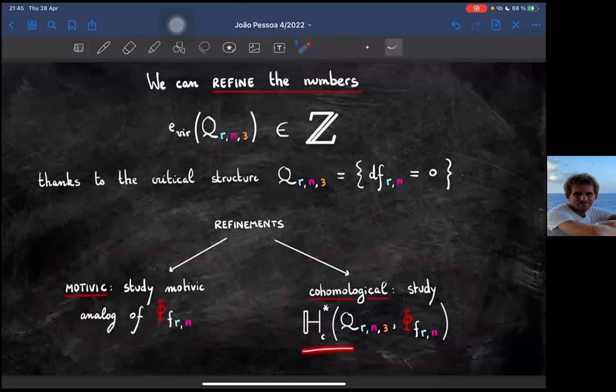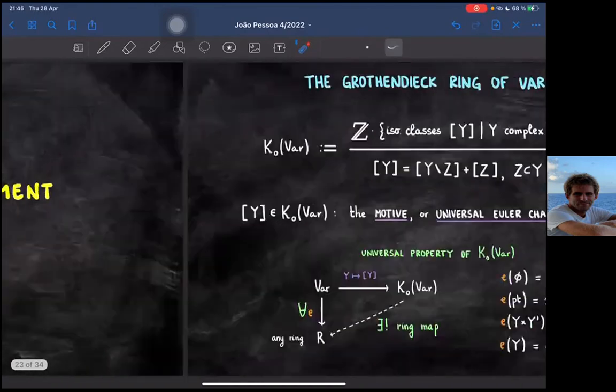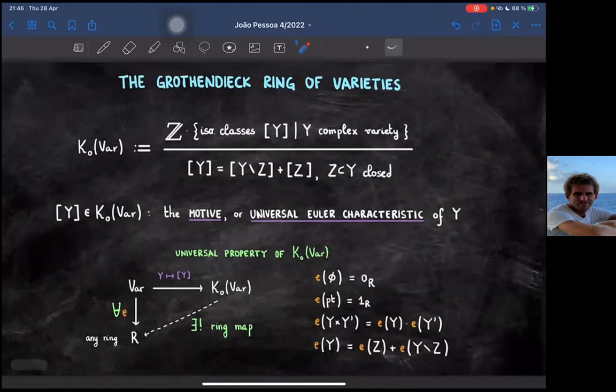So we study the cohomology of the sheaf of vanishing cycles. We start with the motivic one by describing a motivic analog of this sheaf. Okay, so here we go. A classical object of study in algebraic geometry is the Grothendieck ring of varieties. This is defined as follows.